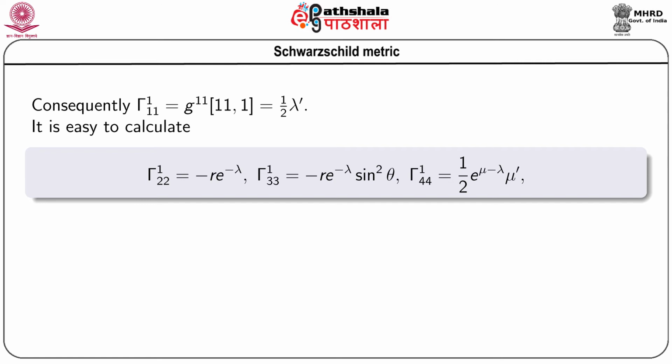Gamma 1 2 2 is coming to minus r e to the power minus lambda, gamma 1 3 3 equals minus r e to the power minus lambda sin square theta, and gamma 1 4 4 is equal to 1 by 2 e to the power mu minus lambda mu dash, where again mu dash means the differentiation of mu with respect to r.